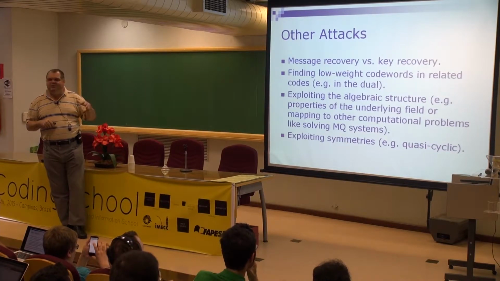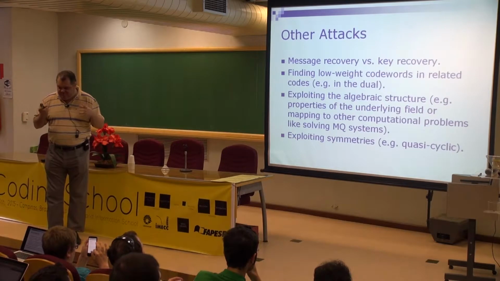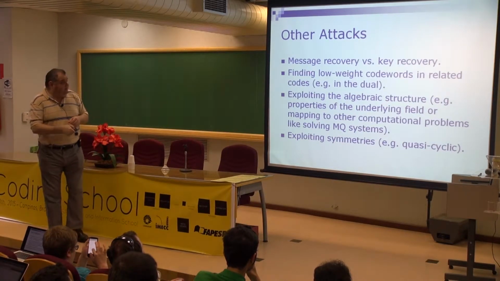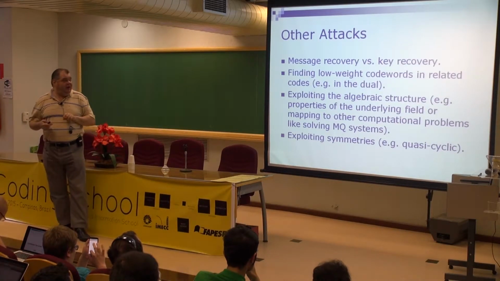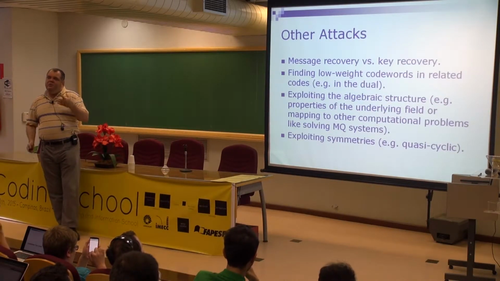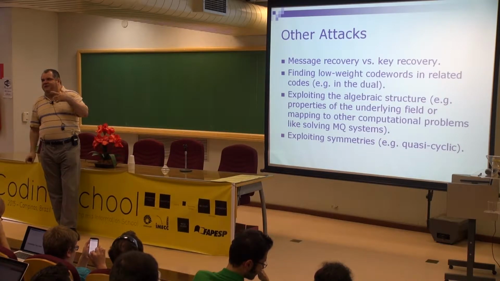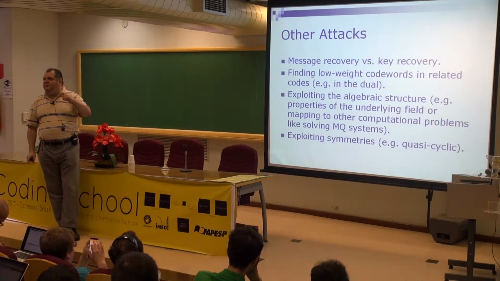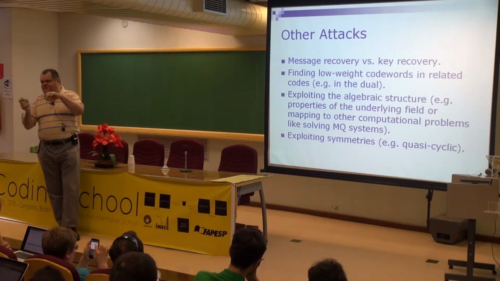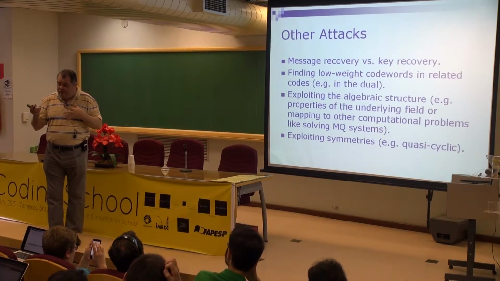Sometimes exploiting symmetries can lead to improvements, but not by much. Say we are trying to apply an attack that finds a low-weight code word in the dual code. If we know that the matrices are circulant, we don't have to apply the attack again and again to recover row by row. We find a single row and we just rotate it, and we already have a basis for the dual code.